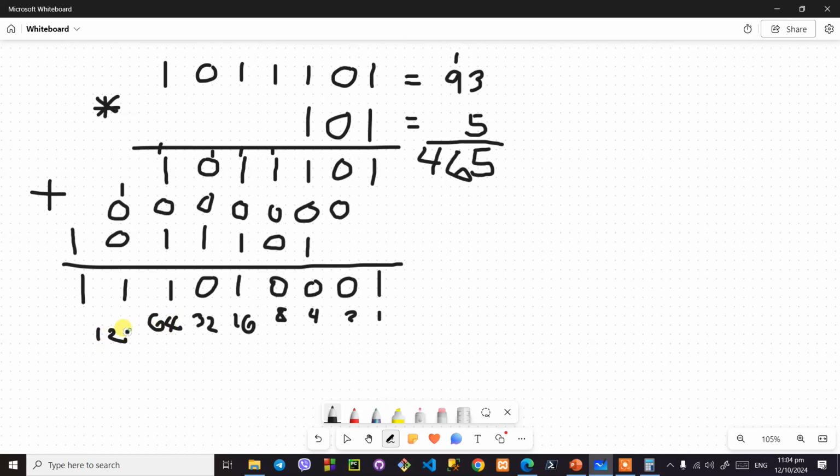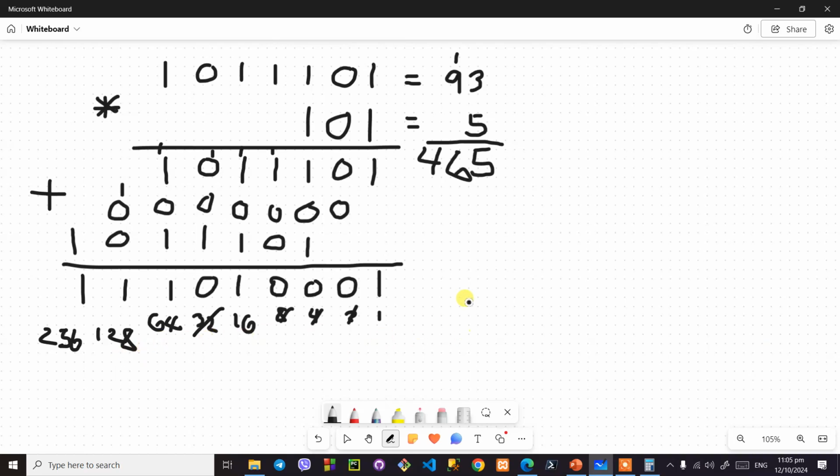Sorry guys, my handwriting is a bit messy. Then we have 256. That's it. So we just remove the values that are 0. So we sum up 256, 128, 64, 16 and 1.